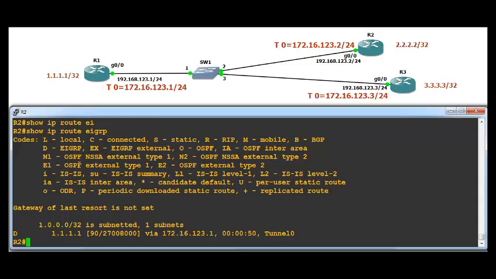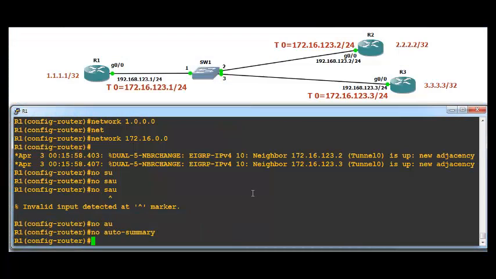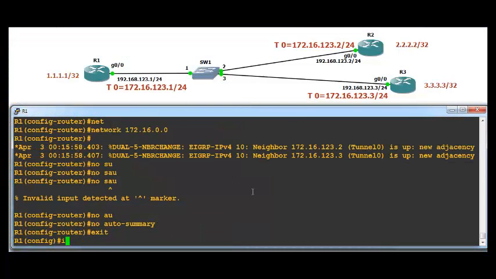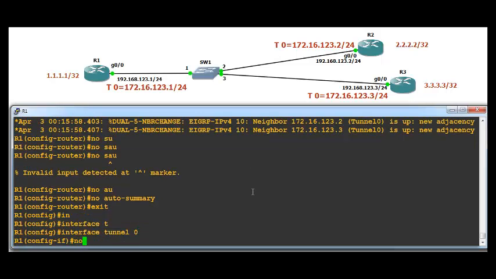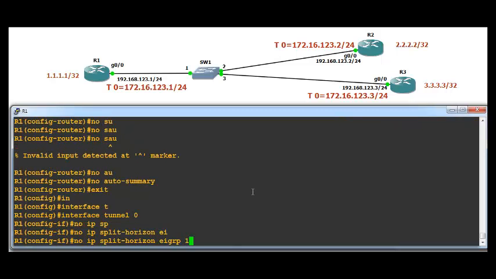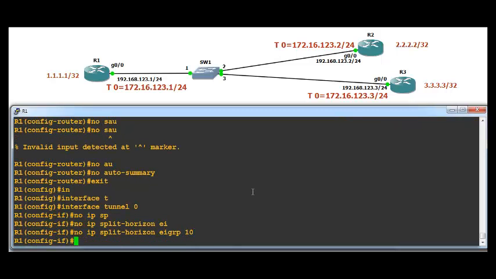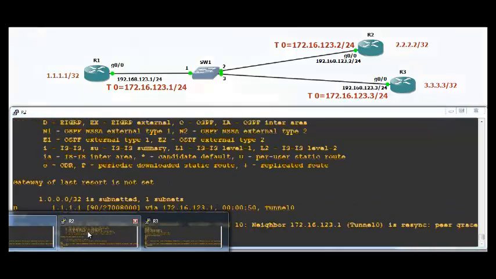If you want to learn 3.3.3.3, you need to cancel the split horizon on R1. How? Interface tunnel 0, no ip split-horizon eigrp 10. When you give this command, you will find the route of R3 on R2.